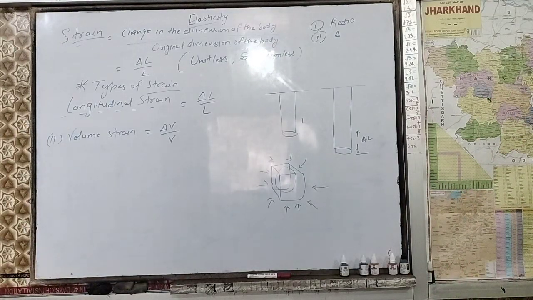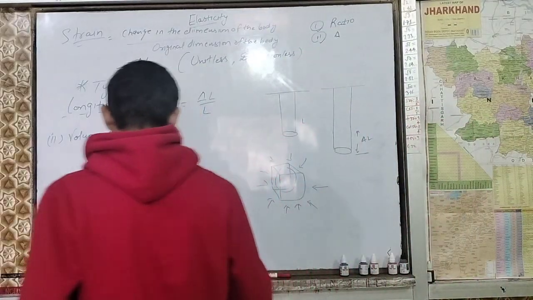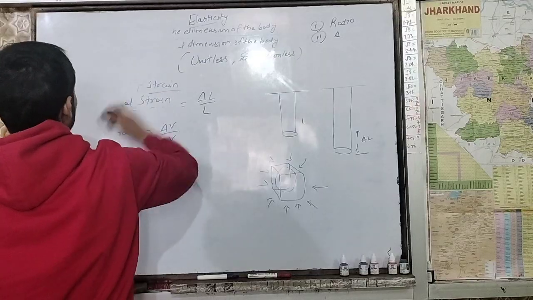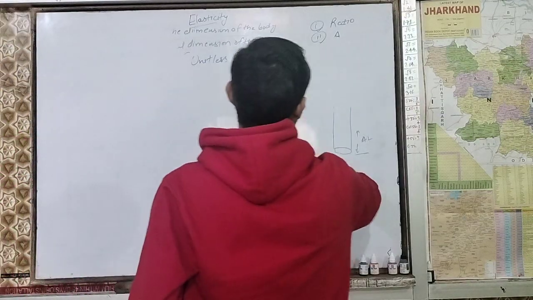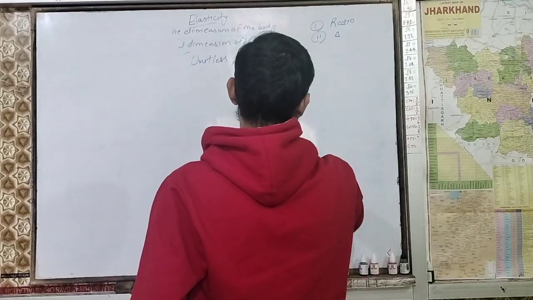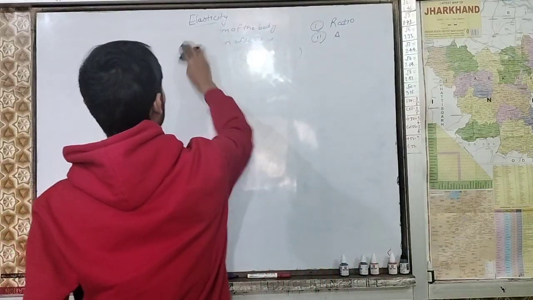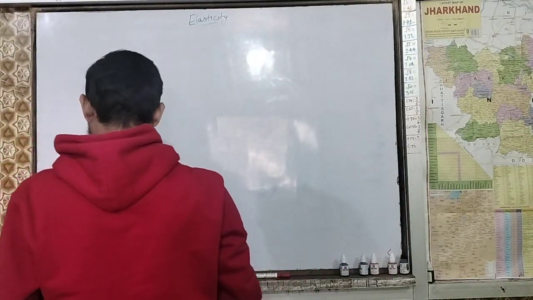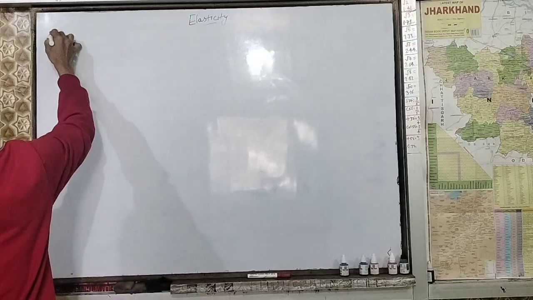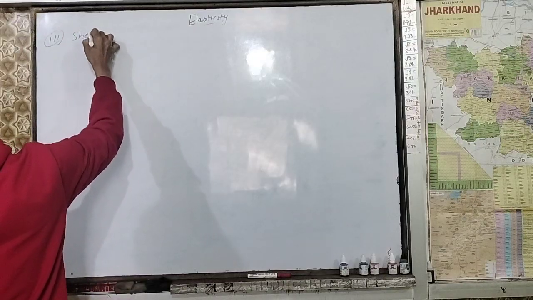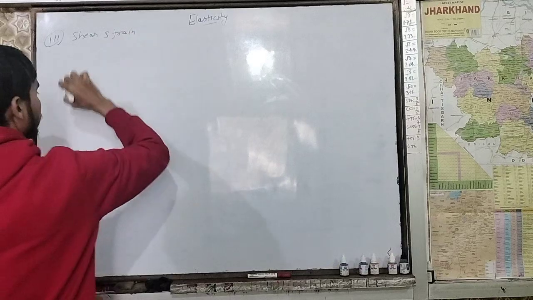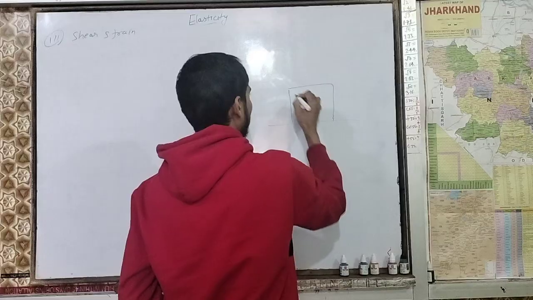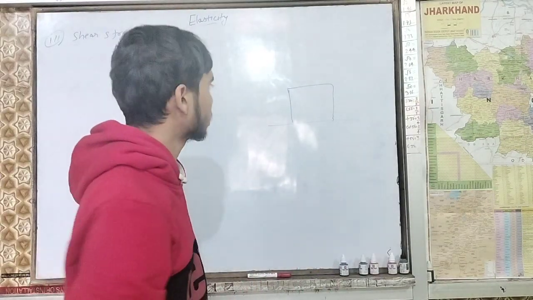Now let's take shear strain. Figure 4, shear is nothing but this was initially present on the surface of the earth.